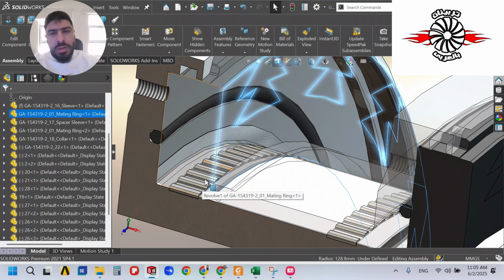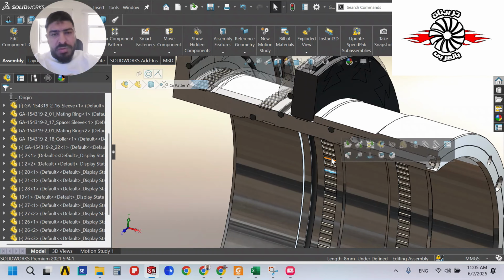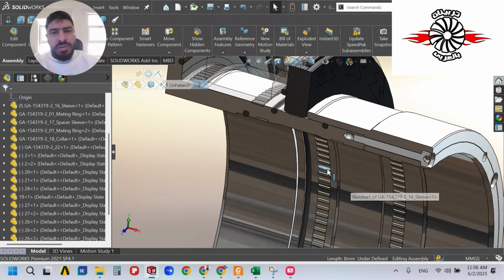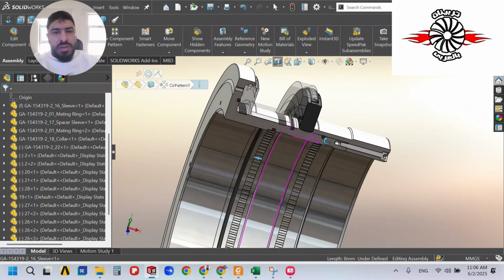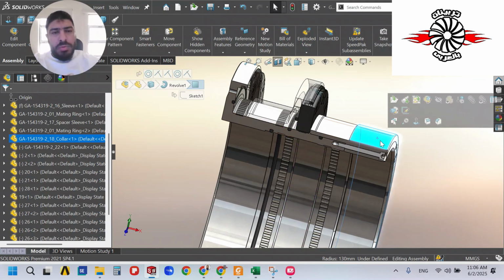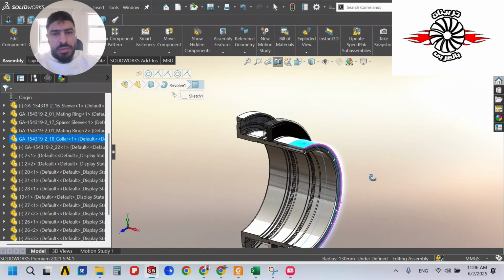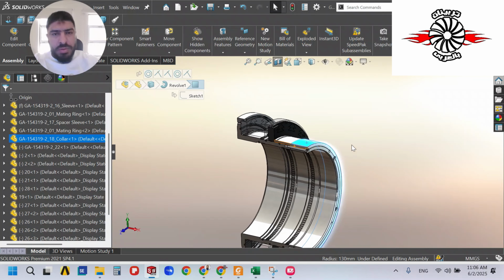Also here, it centralizes the mating ring with the shaft sleeve, and here it centralizes the shaft sleeve with the shaft itself. This is the tolerance ring or strapping ring. After that, you can find here our cooler, whose function is also to localize the mating ring in its location. This is our rotating bar.